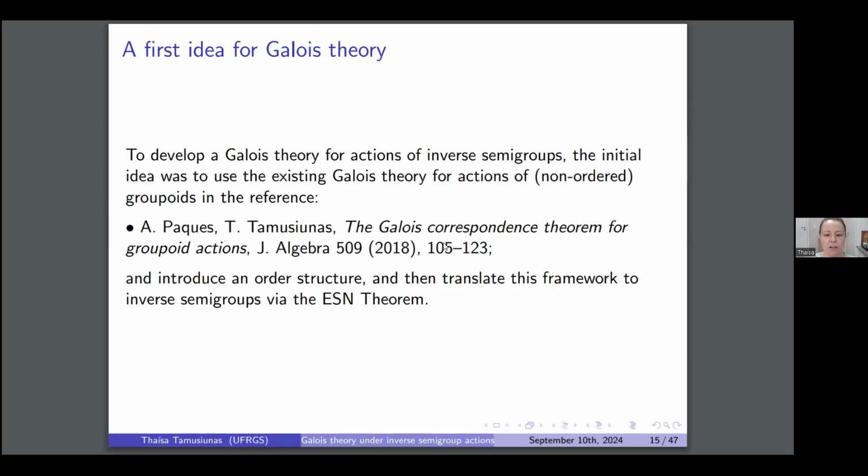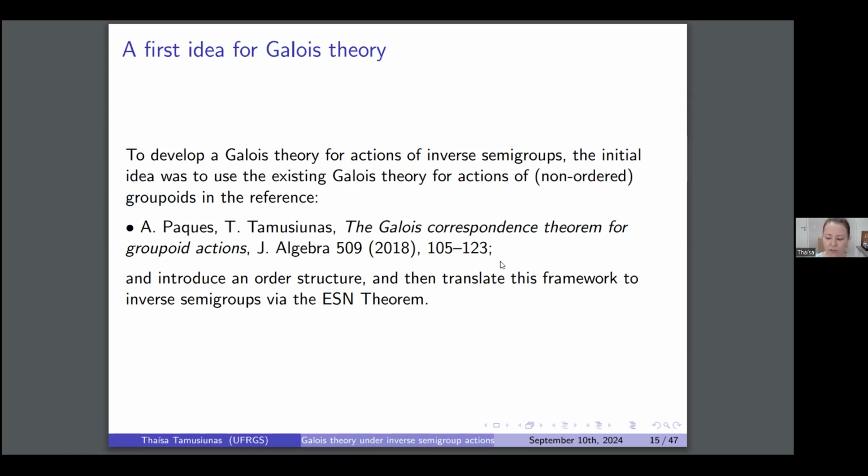So I have a PhD student, Wesley Lotchenlegger. I proposed to him to take this work and first include an order, then develop a Galois theory for ordered groupoids, and then translate to inverse semigroups using the ESN theorem.